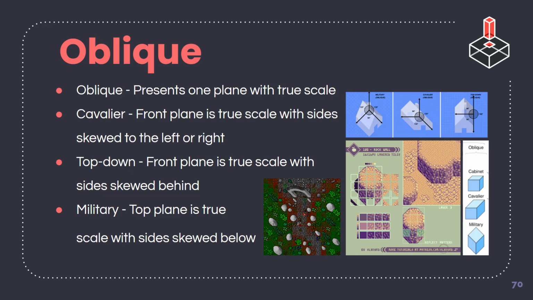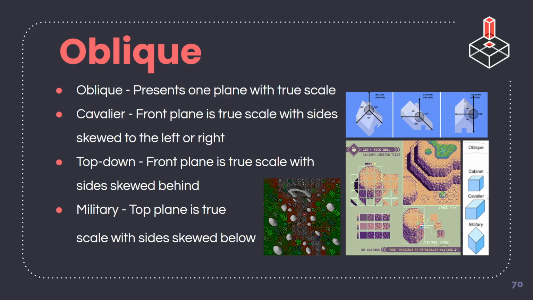And then lastly is military, where you place your camera on top, like a top-down projection. This one is a better example. This is a perfect projection of a square, and you're forcing everything down here to push forward.